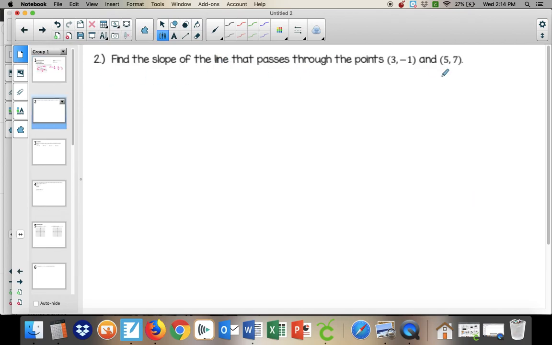All right, number 2, find the slope between these 2 points. Remember, this is your x and your y. So my slope is that slope formula, y2 minus y1 over x2 minus x1. That might be important for you to have on your blue one-pager, that formula.